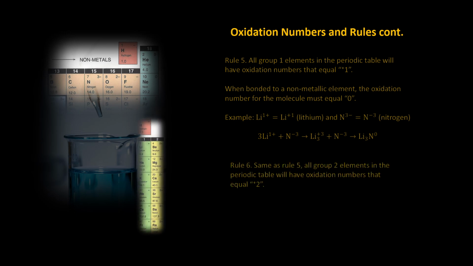Now, rule 6 is basically the same as rule 5. The difference is that the group 2 elements in the periodic table will have oxidation numbers that equal +2. Note that rules 5 and 6 also follow rule number 2 for simple ions.